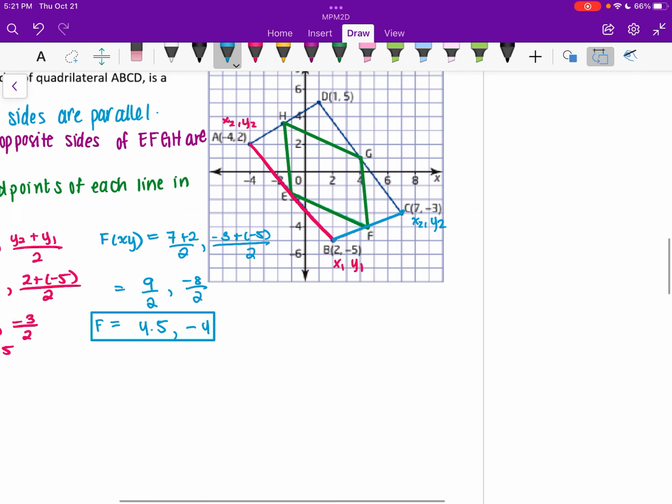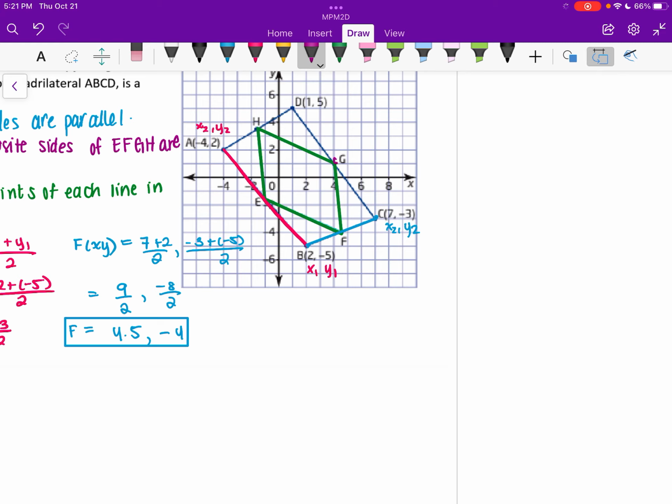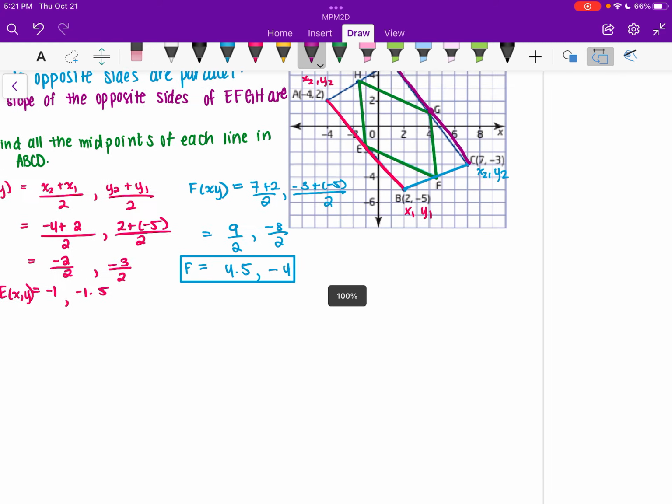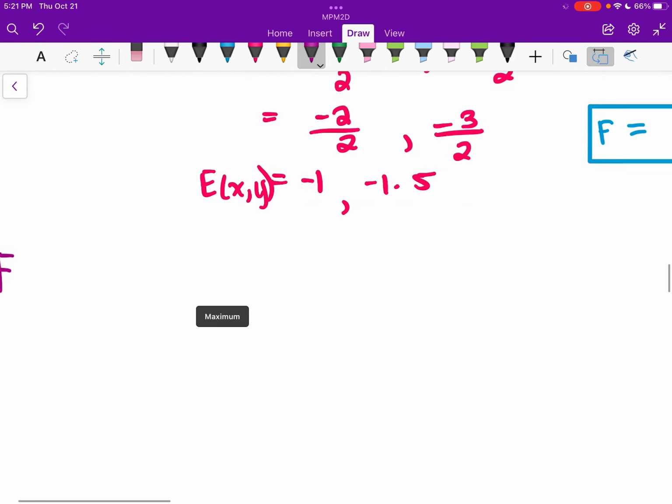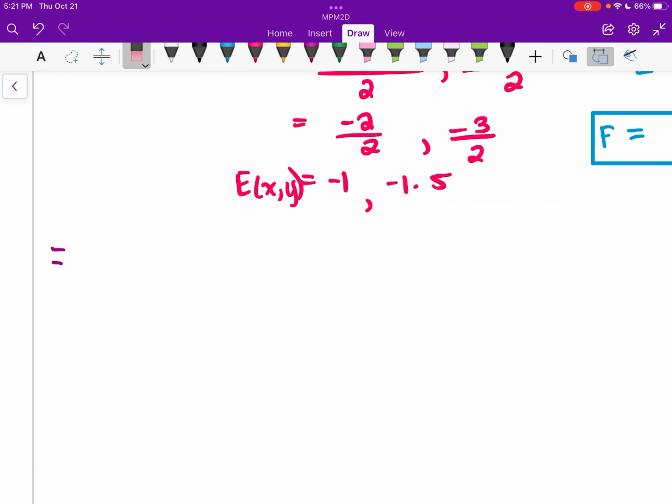Now we're going to go ahead and find our G point. So G here is between D and C. So I'm going to find the midpoint between D and C. So G, x y is equal to x1 plus x2 divided by 2.